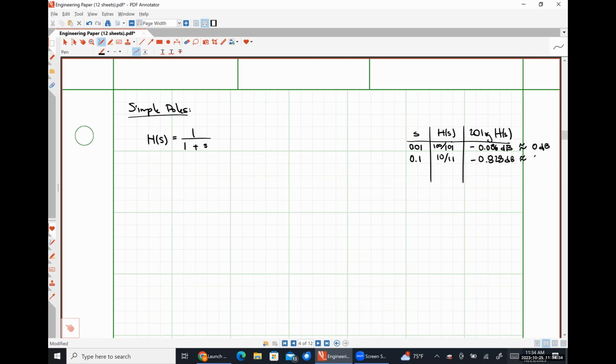Once again, I'm going to be lazy and say this is approximately 0 dB. It does round up to 1, but I'll get to that in a second. That's why I'm making a specific point to give you the actual value, and then I'm going to say it's about that.